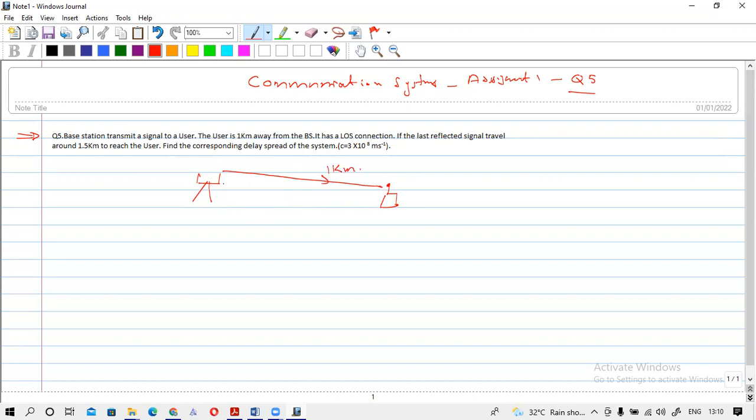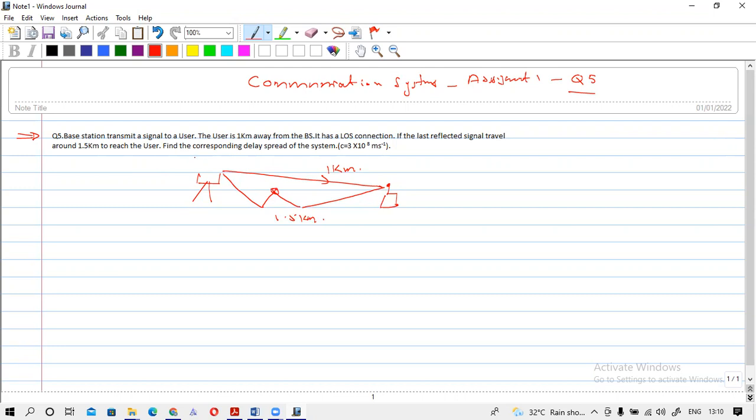And the longest path is 1.5 kilometers. So it may be a reflected signal like this. We don't know. So anyway, it is about 1.5 kilometer.